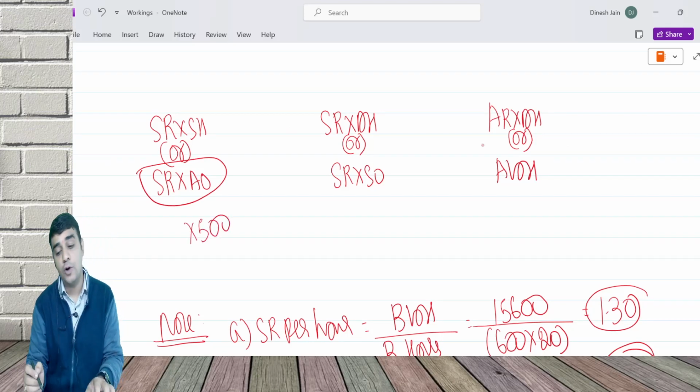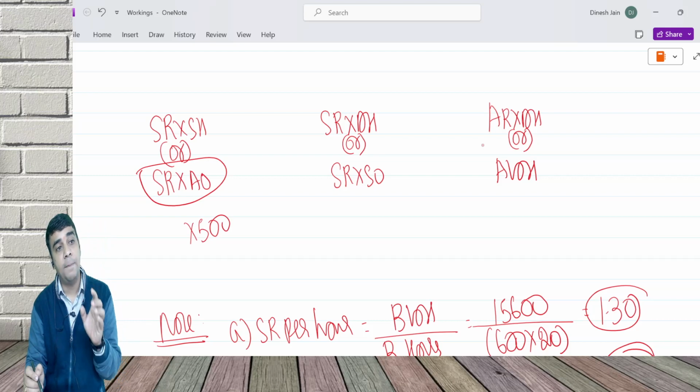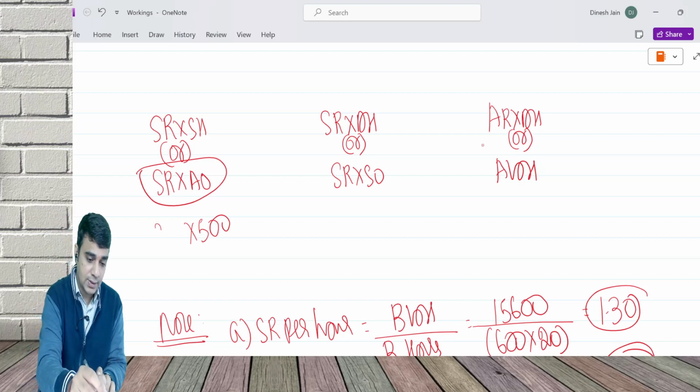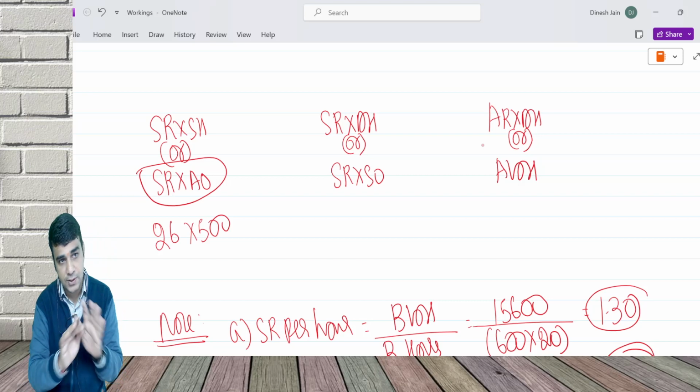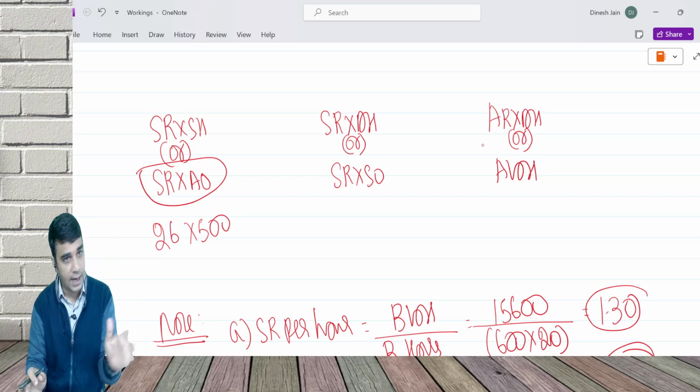With actual output, should you use SR per unit or SR per hour? SR per unit. So I can say 26 into 500, first column is over. I don't need standard time also to do the calculation, but I'll show you the detailed calculation in this question.